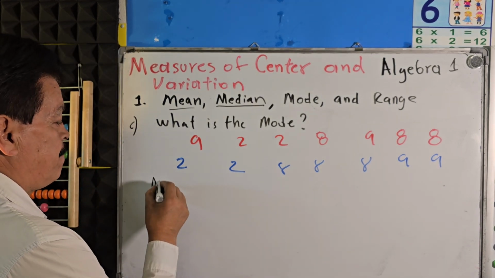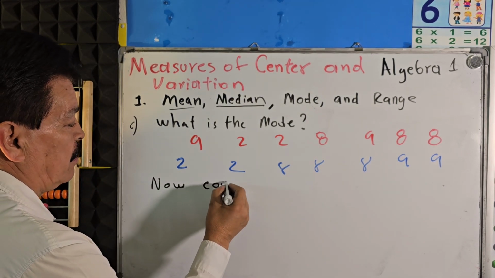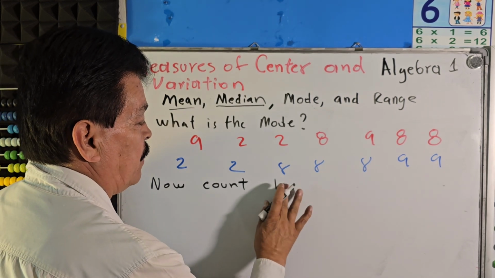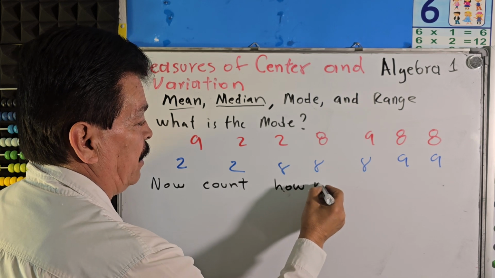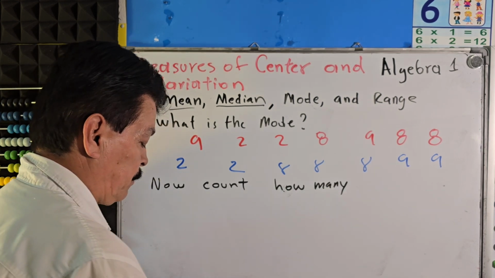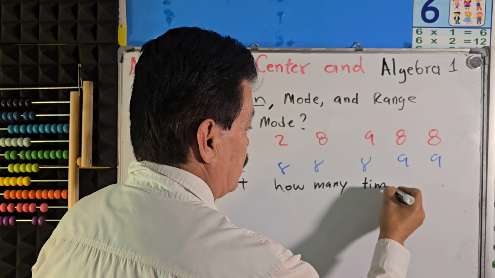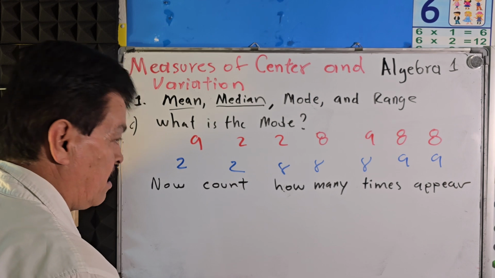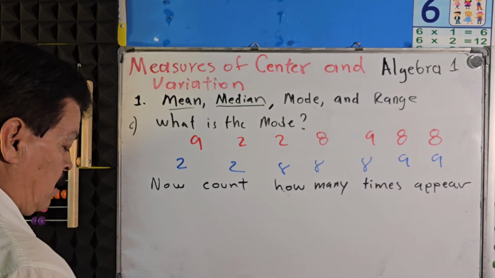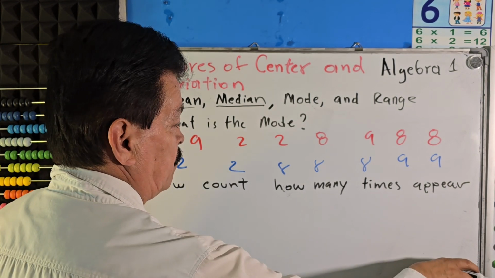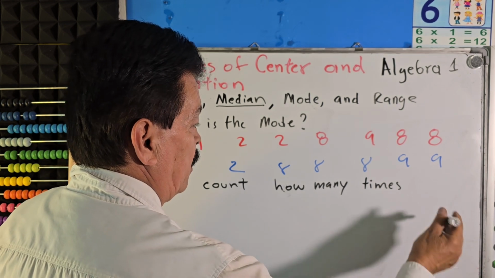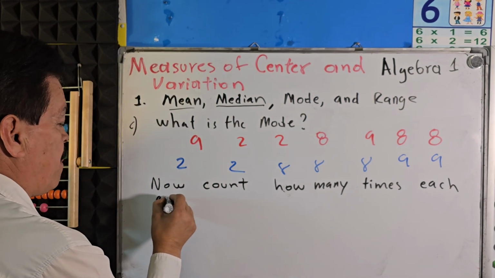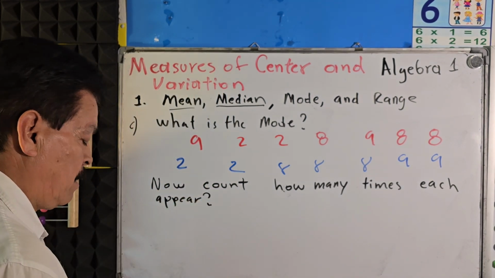So now count. We have to count how many times each appears, right?